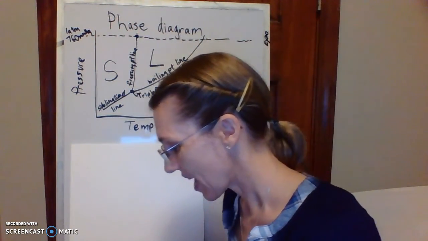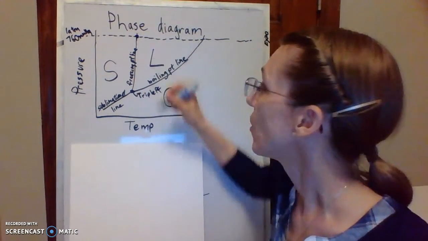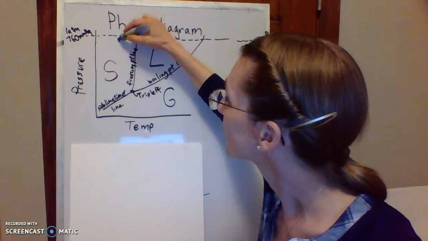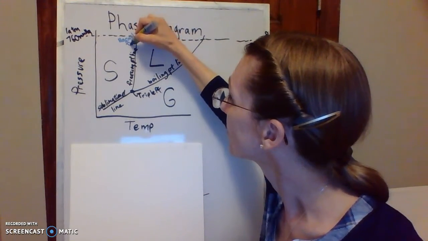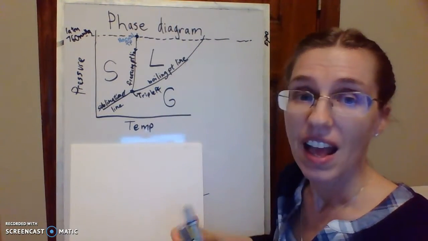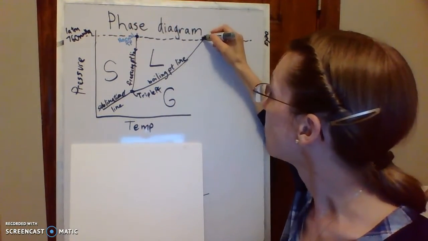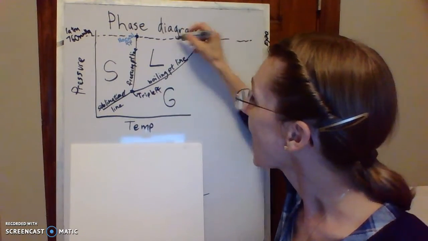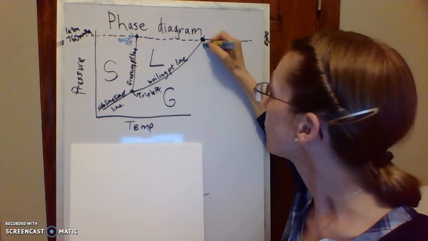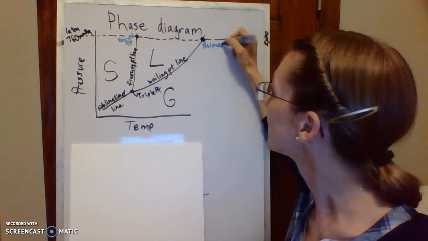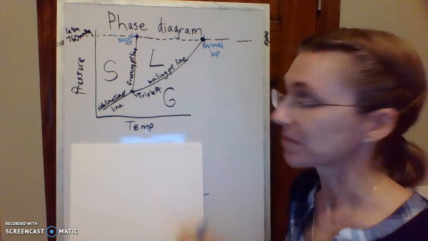This was known as the normal freezing point. And the boiling point at 1 atmosphere was called the normal boiling point.